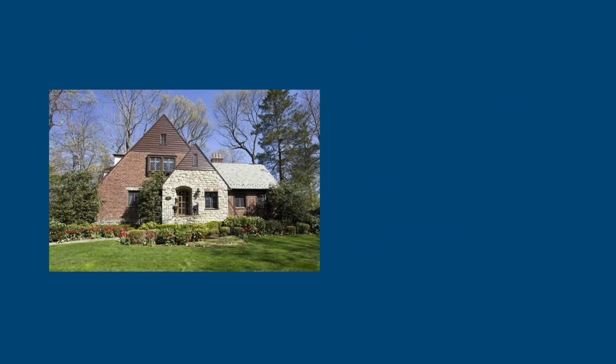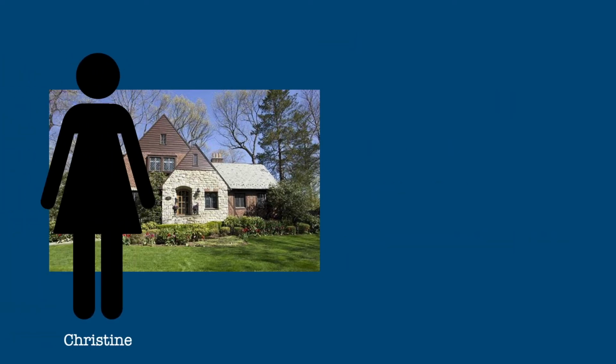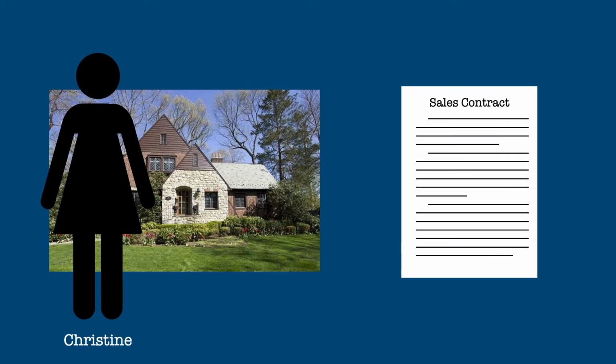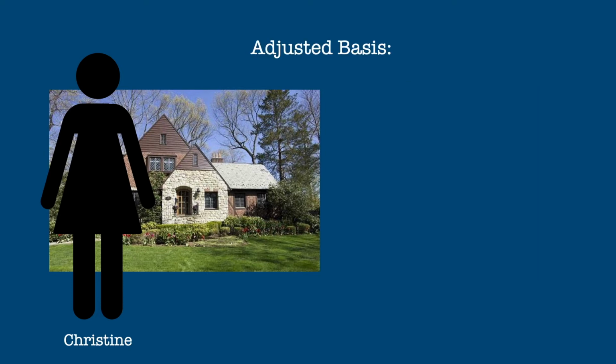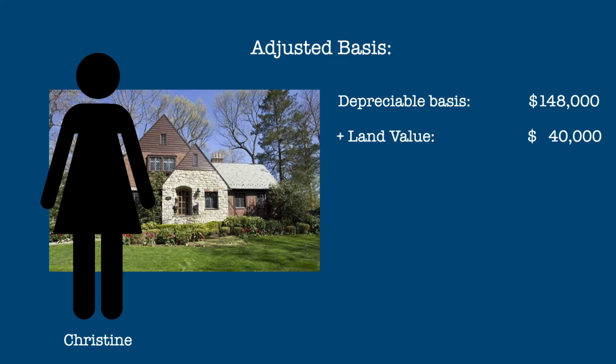So let's take a look again at Christine from the Schedule E video. She decides to sell her single-family rental property and finds someone who'll pay $275,000 for it. So let's figure Christine's adjusted basis. Her basis for depreciation was $148,000, and to that we're going to add back $40,000 for the land.